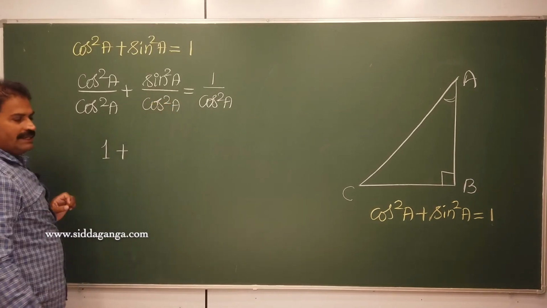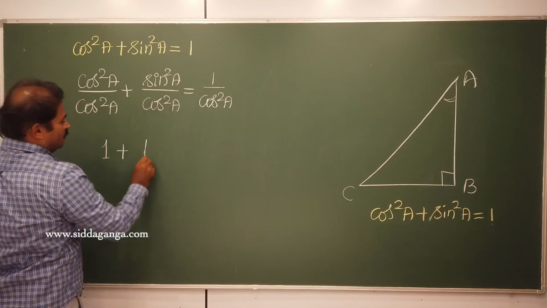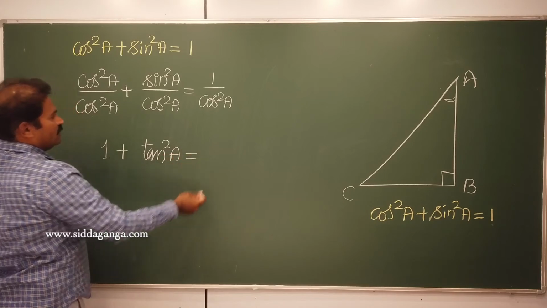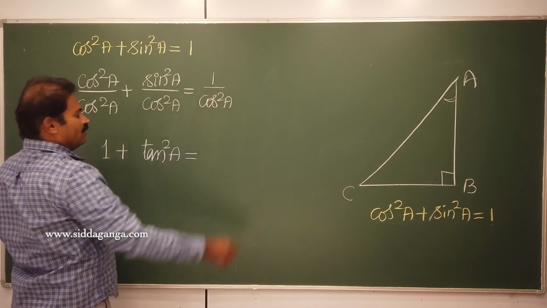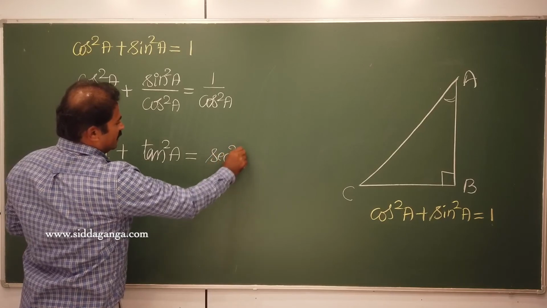What is sin by cos? It is tan. So you have sin square A by cos square A, which is tan square A, which is equal to 1 by cos square A. 1 by cos is what? Sec A. So this is sec square A.